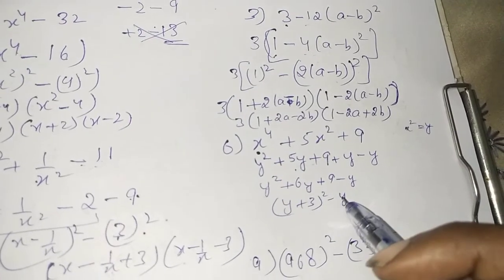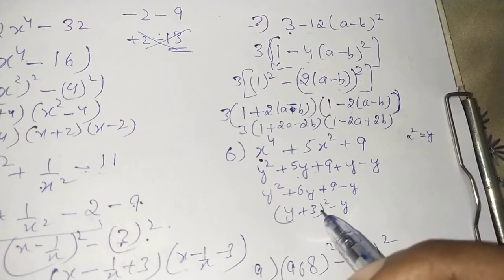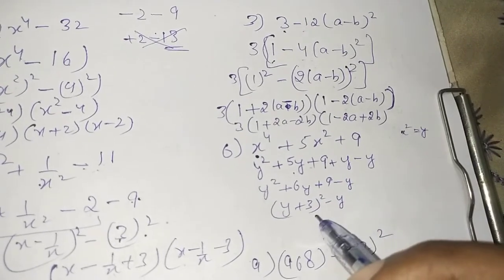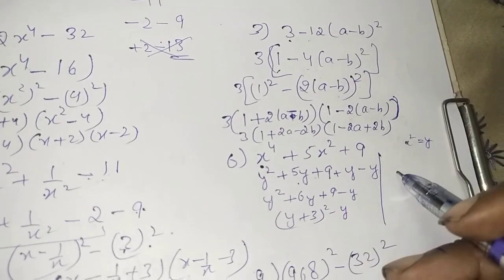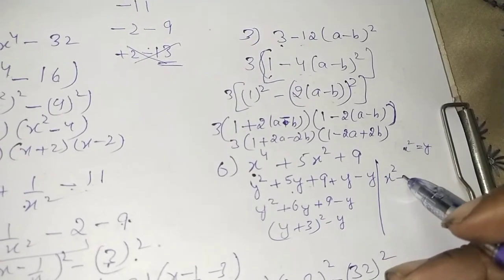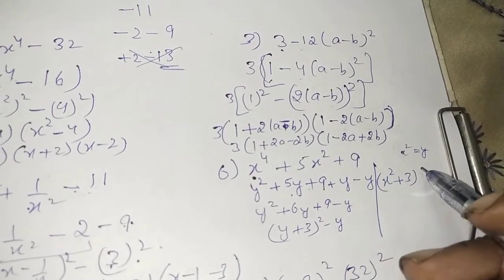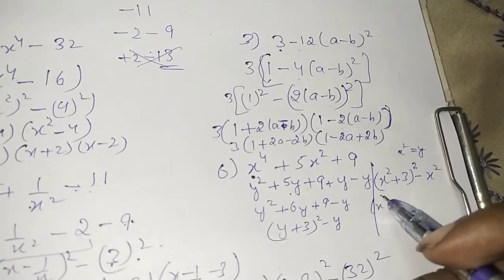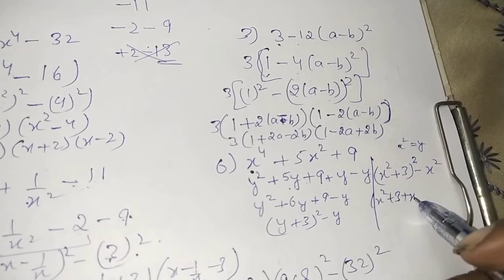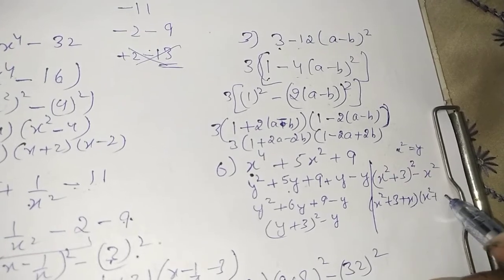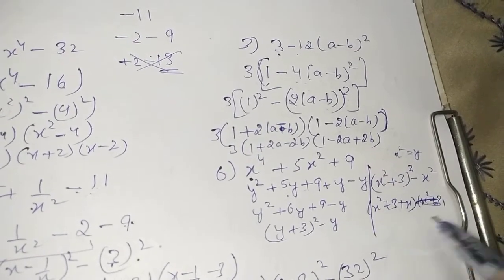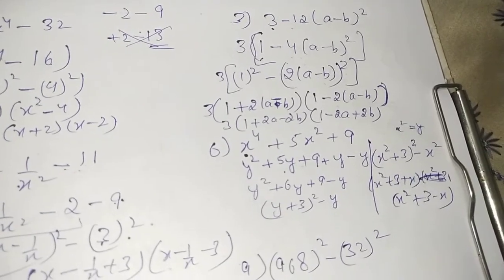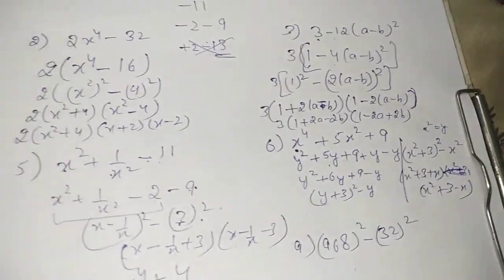Now what to do? We have to have a square minus b square form. So let's substitute the value of y back. So it will be x square plus 3 in one bracket, minus x square. So in one bracket a plus b, and a minus b in the other bracket. Moving on.